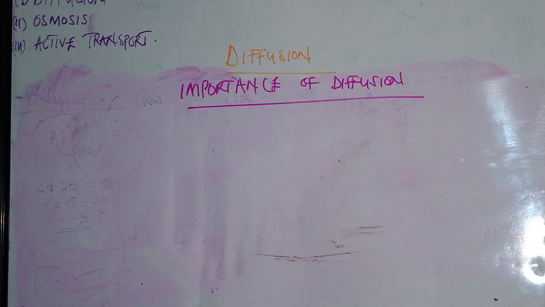So the first importance of diffusion is oxygen. For oxygen to move from the lungs to the blood and from the blood to the tissue, it needs what? Diffusion.